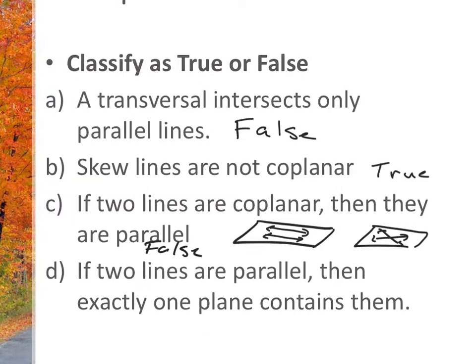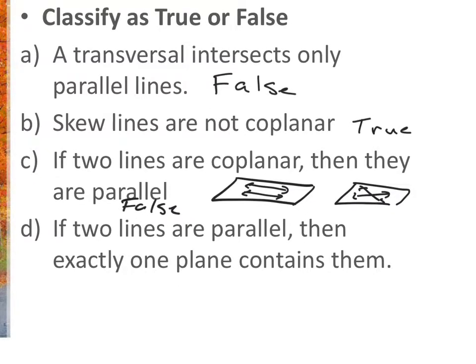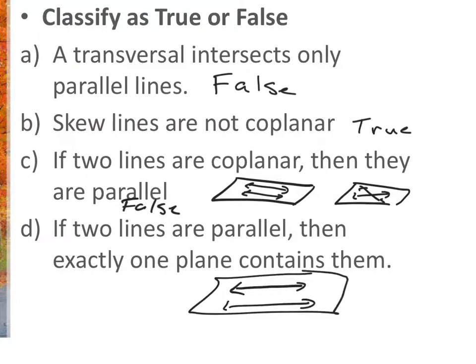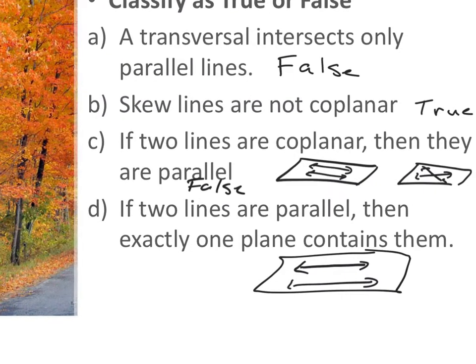If two lines are parallel, then exactly one plane contains them. True. It would have to be one plane that contains them. Now, you might be like, but you could draw it bigger than that. That's still the same plane. You could draw them so they're not in a plane, but there would still only be one plane that goes around them.